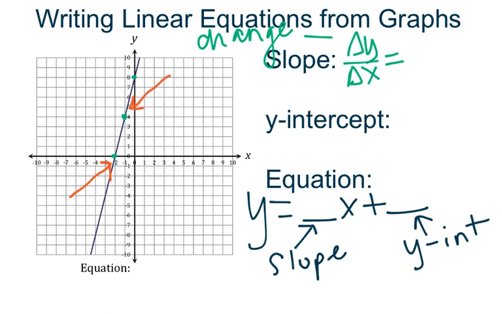So the change in y, our y-axis, goes this way, delta y, it went up 1, 2, 3, 4. So that's going to be a positive 4 for delta y. And delta x is going to be this direction horizontally, and delta x changed 1.